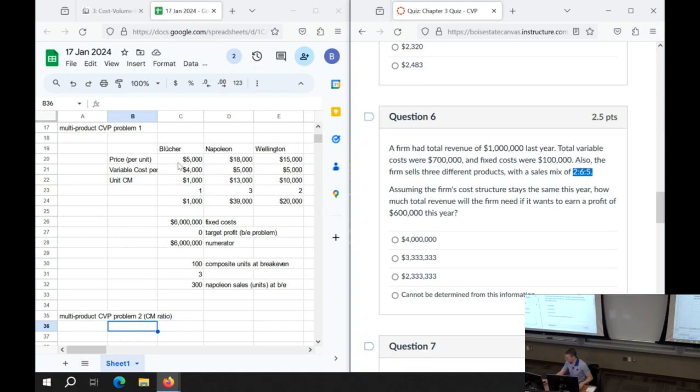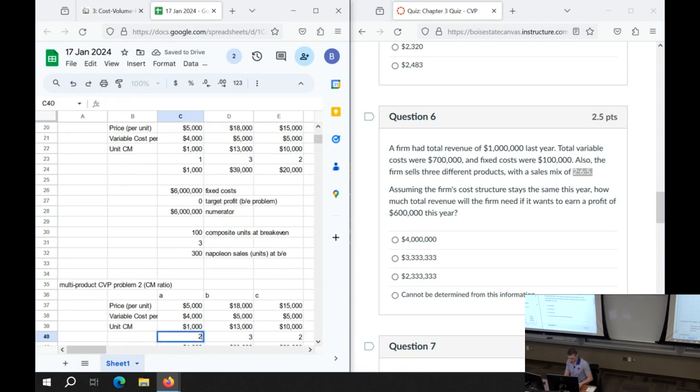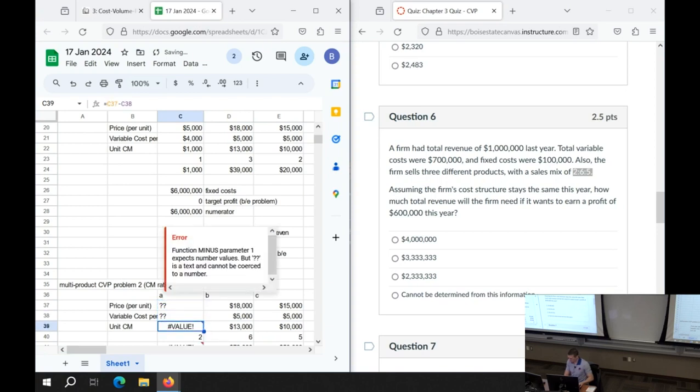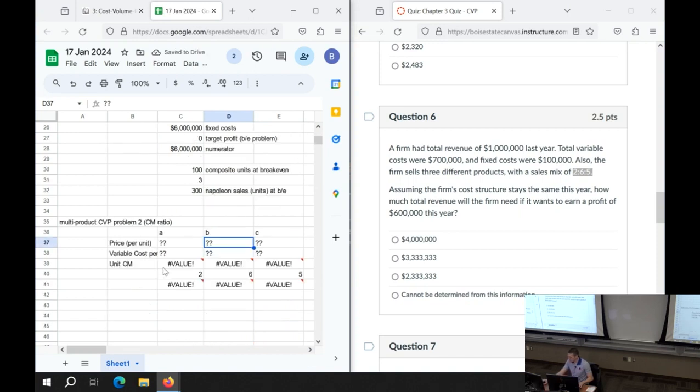I know they're sold in, if I try to copy this over, this is A, B, and C, and I know they're sold in 2 to 6 to 5. I cannot solve it because I have question marks all over the place. I don't know the price per unit. I don't know the variable cost per unit.